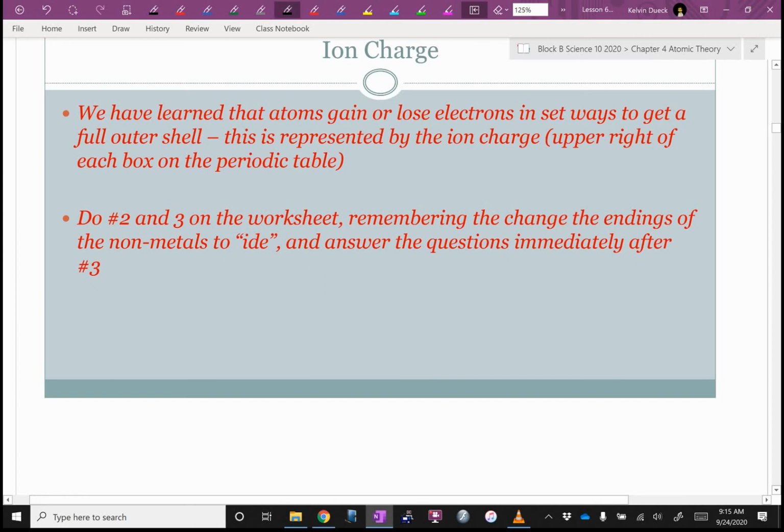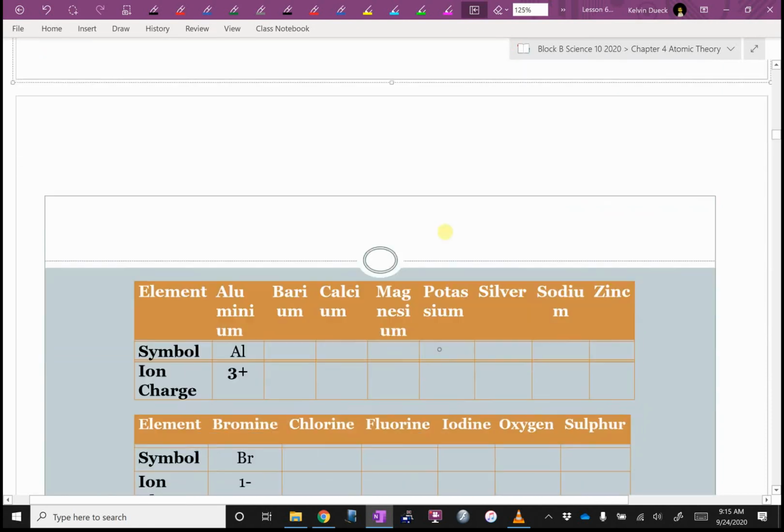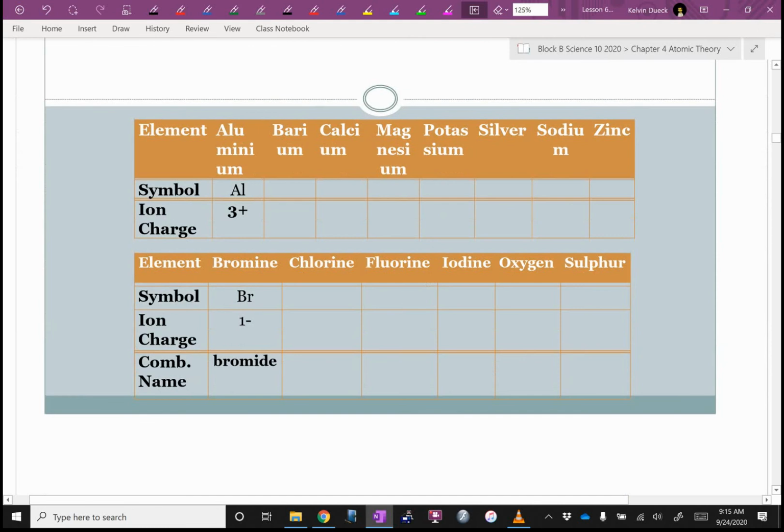I was going to get a copy of your notes so that I can follow along with you. So number 2 and number 3, you have this little chart here. Let's see if we can fill this in. First of all, what's the symbol for barium? Ba?